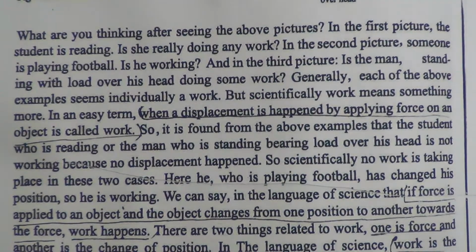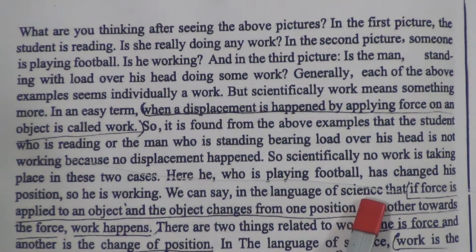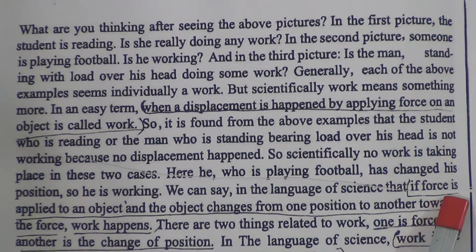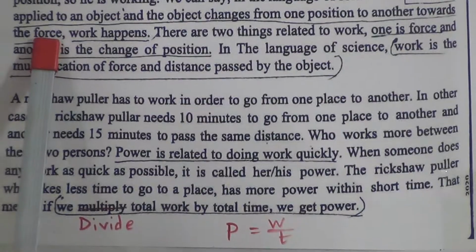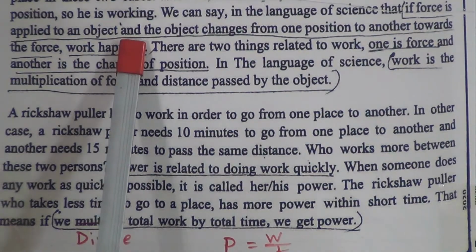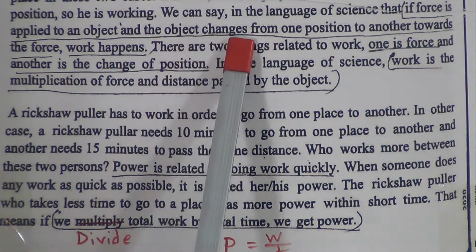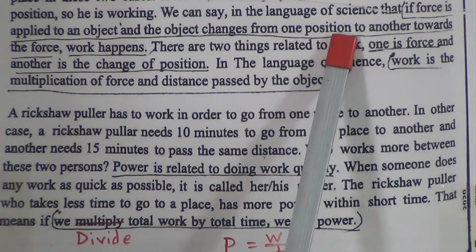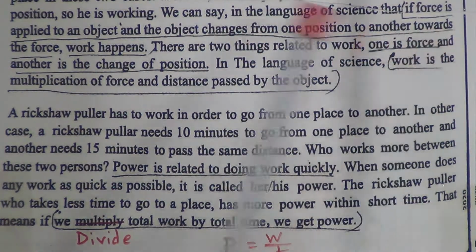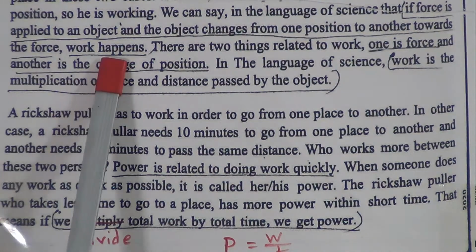We can say in the language of science that if force is applied to an object and the object changes from one position to another towards the force, work happens.